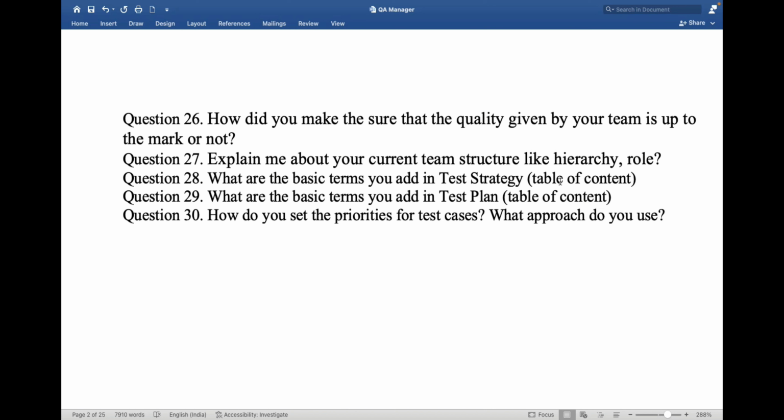Means you must have to explain the table of content. Question 4th, what are the basic terms you add in test plan? Here you also have to explain the table of content of your test plan. Question 5, how do you set the priorities for test cases? What approach do you use? So let's start every question one by one.